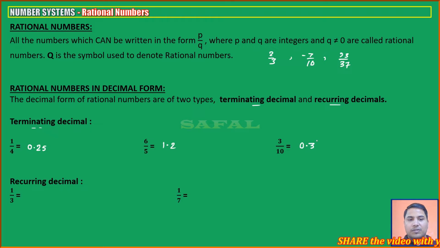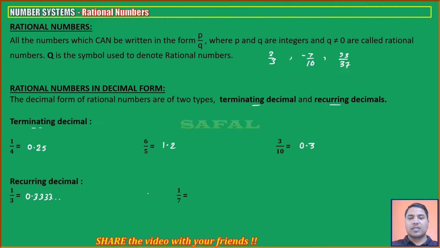Also there will be a situation when you divide numerator by denominator and find that the long division process continues and the decimal expansion is never ending. For example, 1 by 3: if you divide that, you will find that it is continuously going 0.3333 and so on. Similarly, if you divide 1 by 7, you will find 0.142857.